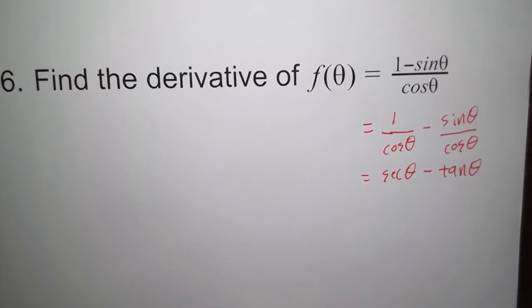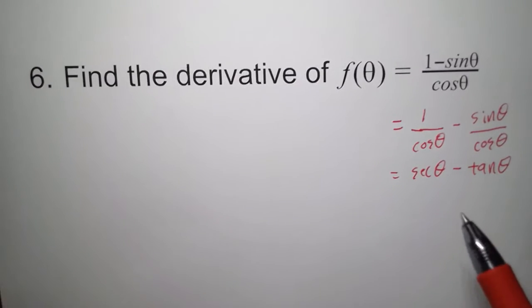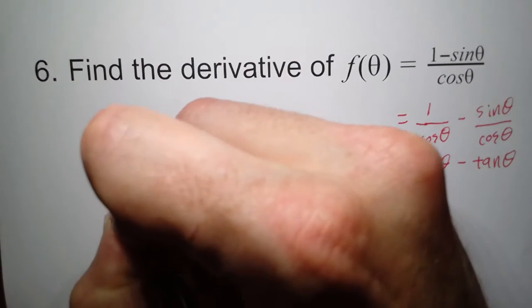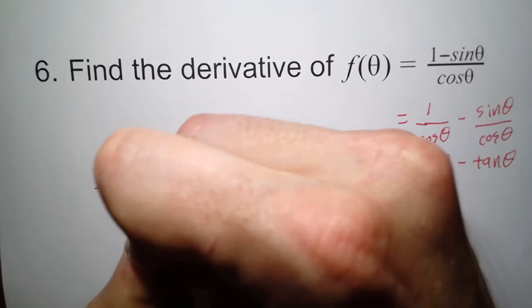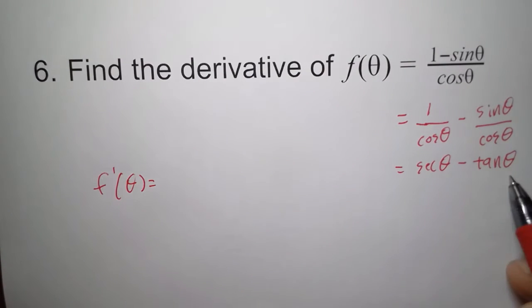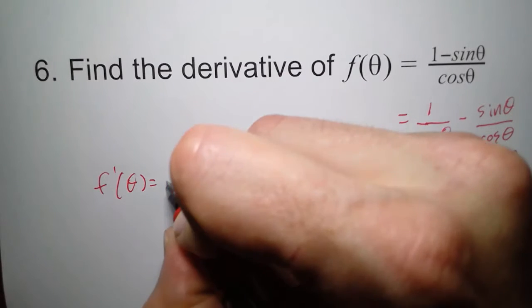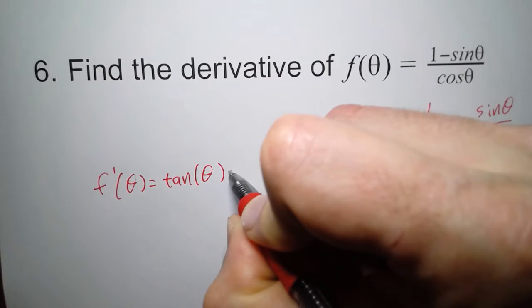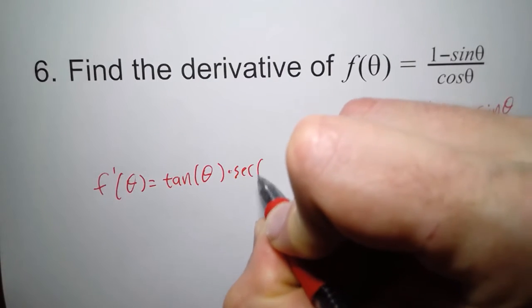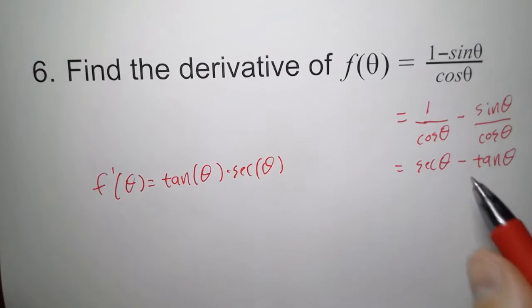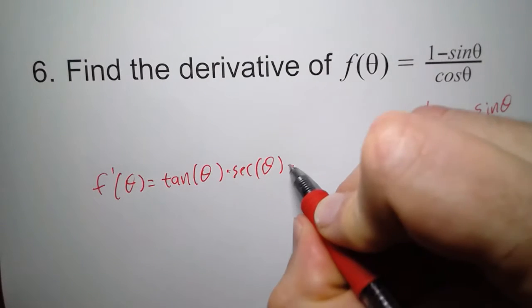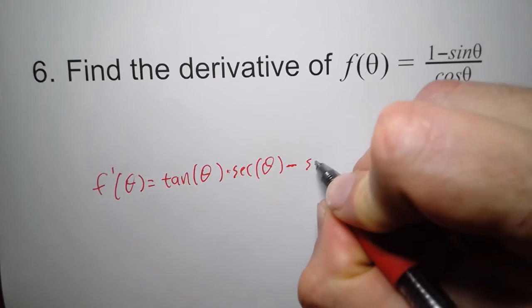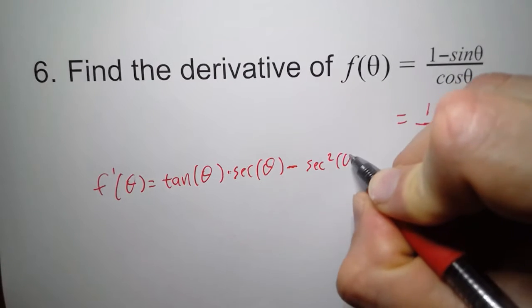tangent of theta. So now, since we know this, now we can go ahead and simply substitute in the derivatives that we know for secant of theta and tangent of theta. So for secant, that's going to be tangent, our variable here is theta, times secant of theta, minus the derivative of tangent is secant squared theta.